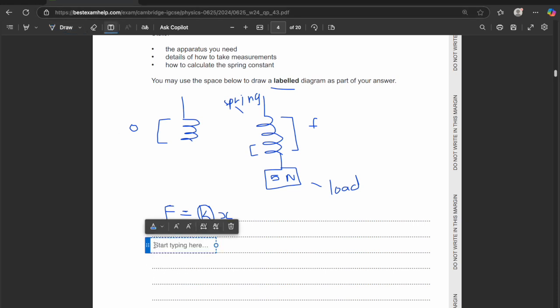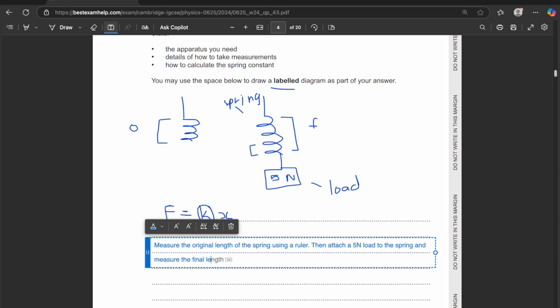So we can start writing. At first you have to measure the original length of the spring using a ruler. Then attach a 5 newtons load to the spring and measure the final length.